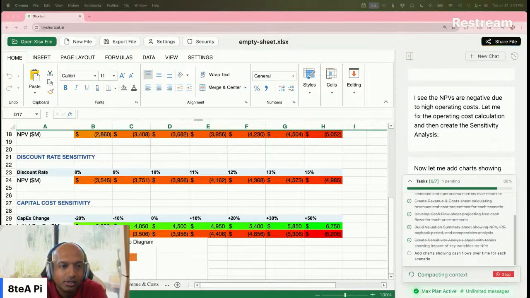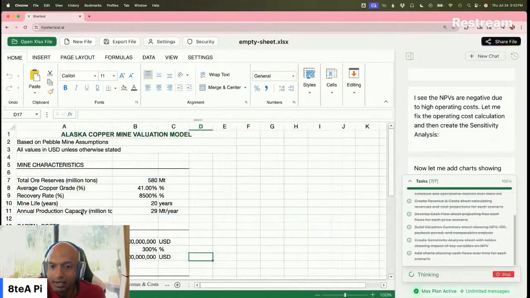And so the agent should have checked the right price. It's available on the web. They did not check the right price, so they got me the wrong price for the copper. Current copper prices are 5.9. So we got the prices for copper wrong to start off with, and then it went downhill from there.